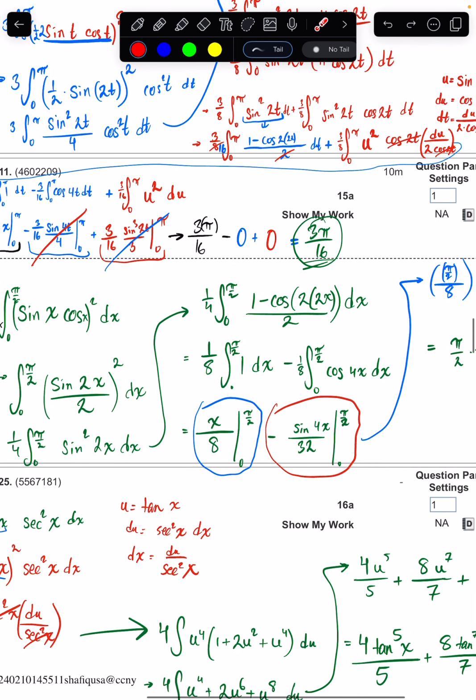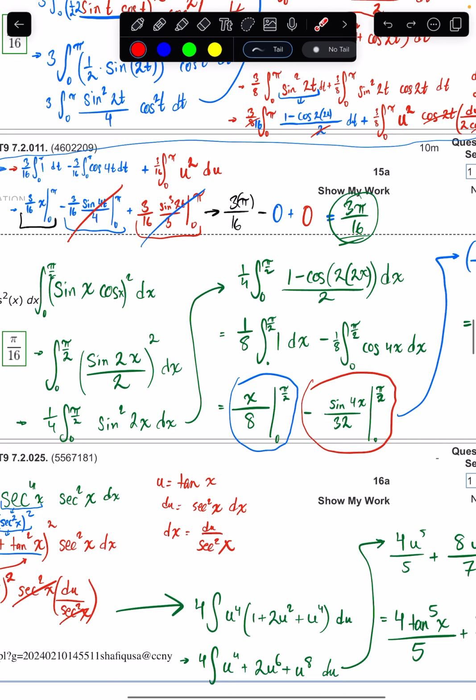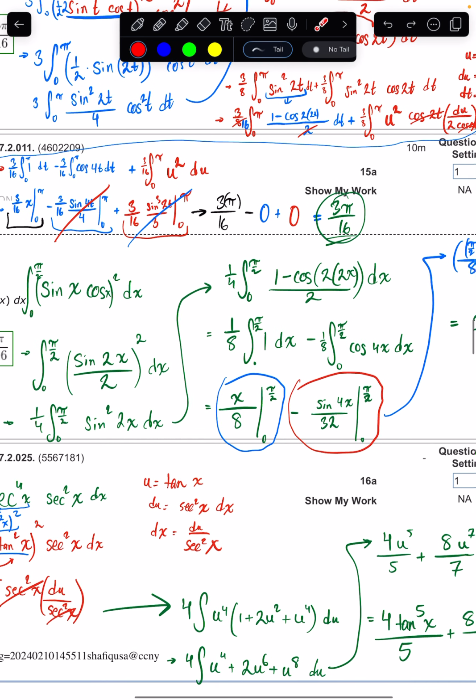And then you can substitute in another trig identity for sine squared 2x, right? If you get sine squared x, the trig identity for that would be 1 minus cosine 2x over 2, and in our case our x value is 2x.